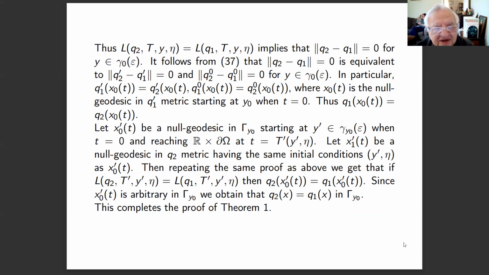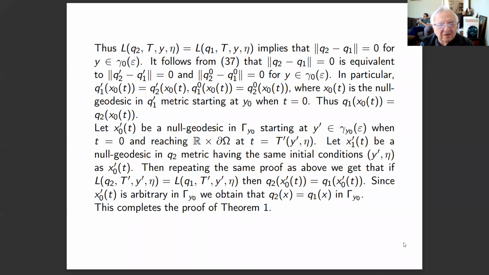So this is an important piece: when you have the norm of Q2 minus Q1 equal to 0, then it's equivalent to the norm of Q2 prime minus Q1 prime and Q2 0 minus Q1 0 equal to 0.